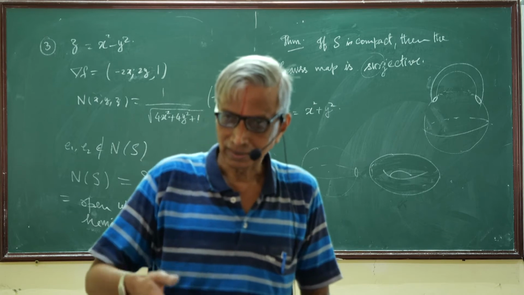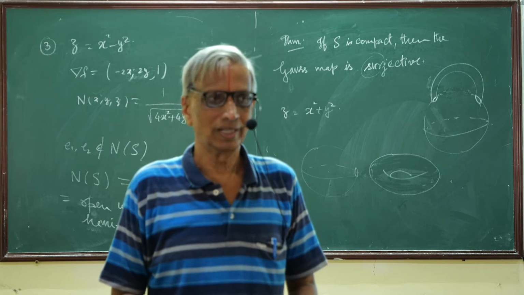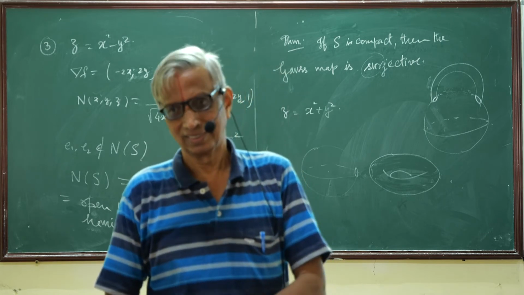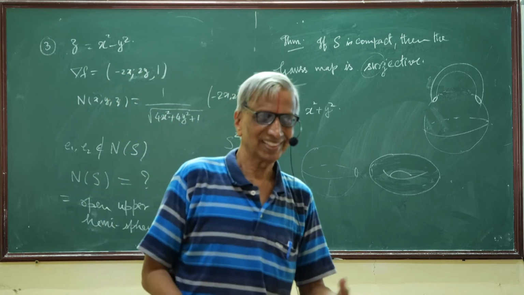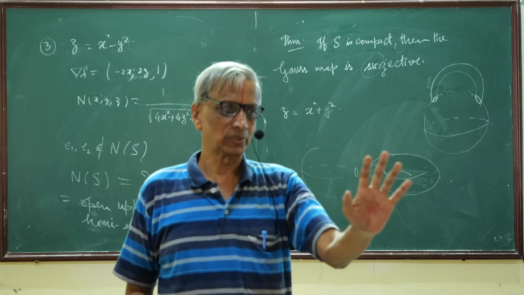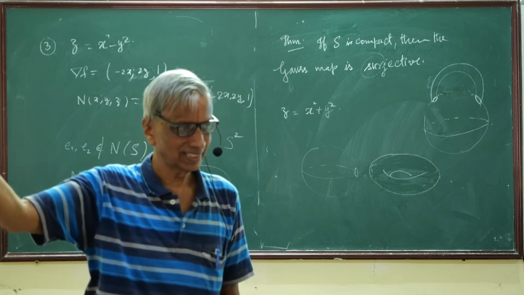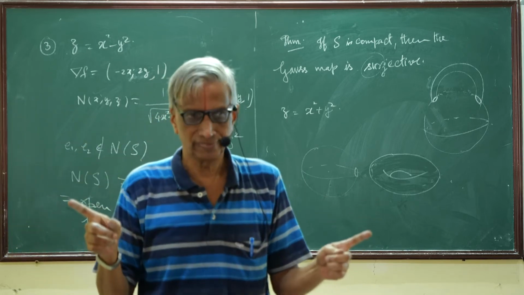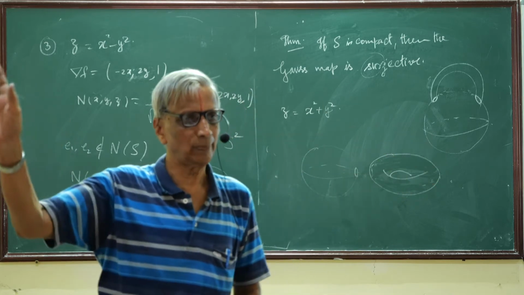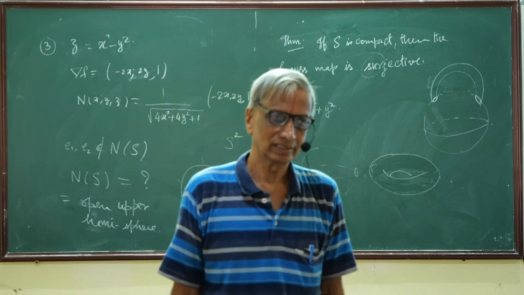The number of handles that you attach is a topological invariant, which means that if you have a sphere with m handles and a sphere with n handles, they are homeomorphic if and only if the number of handles here is the same as the number of handles here. So the number of handles is a topological invariant.